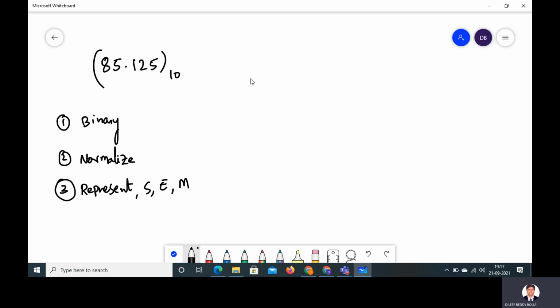Let us do the first step: representation of that number in binary. The equivalent binary of 85 is 1010101. As I told you in the previous lecture, you can find that easily using 8421, or by repeatedly dividing by 2.